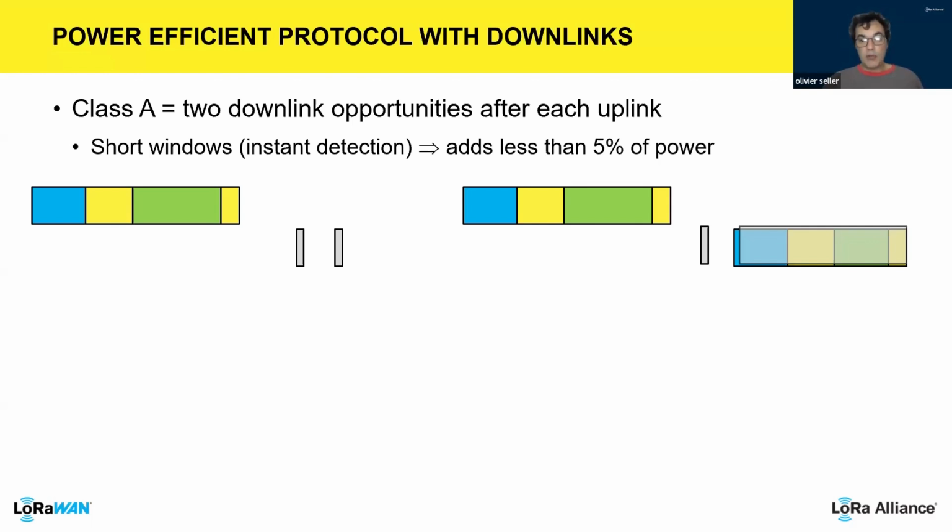And the second reception window gets a detection. So you see it's not perfectly synchronized in frequency, not perfectly synchronized in time, but still the signal is detected, and the reception goes on until the end of the packet, and then the downlink is completely received. So only when there are things to receive is the end device keeping its reception active.